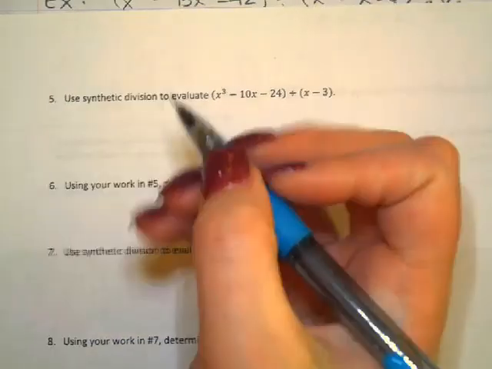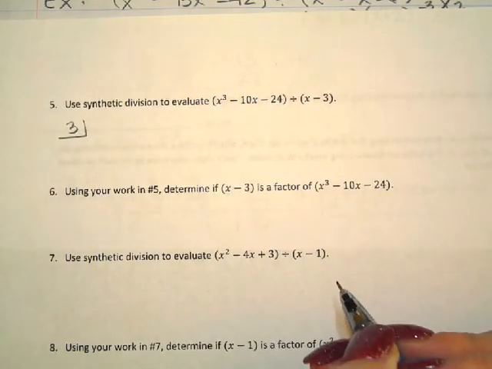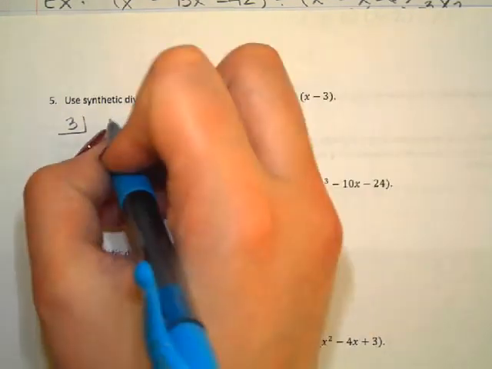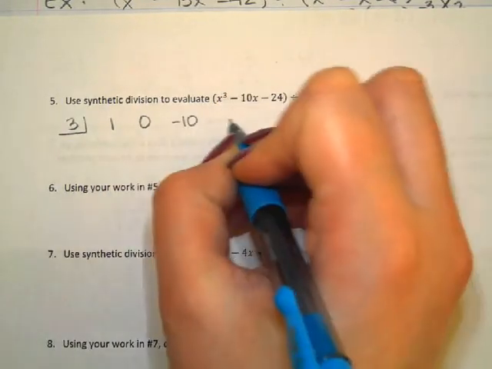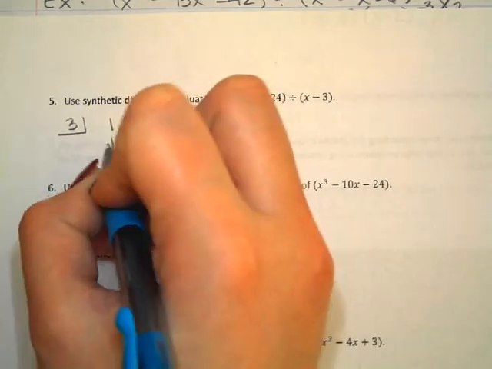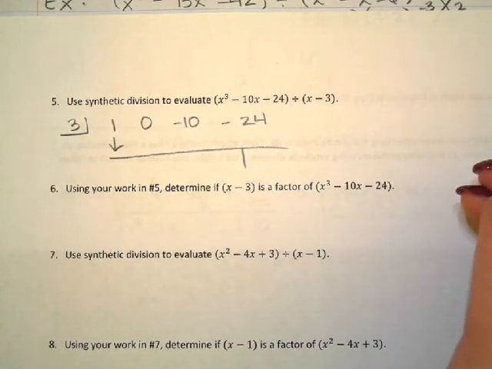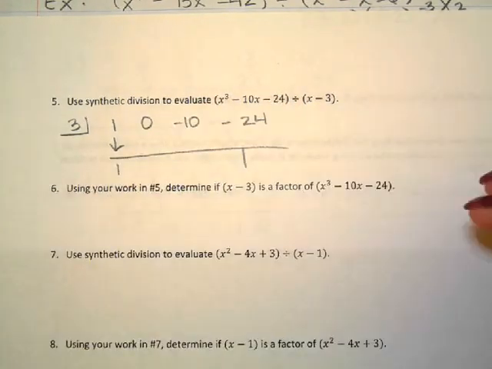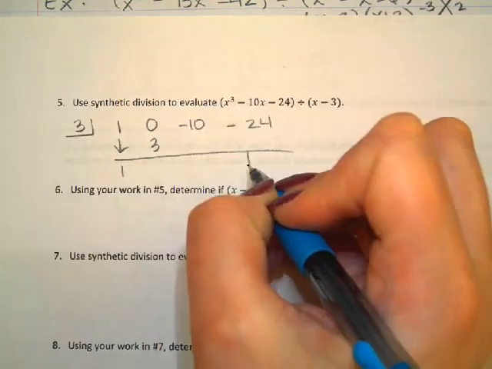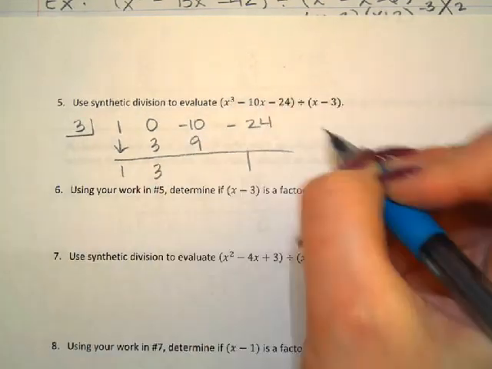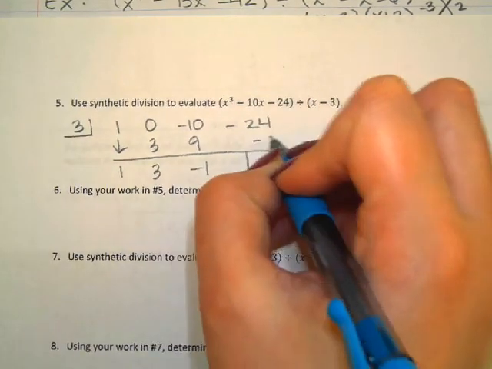So if we do this first one, we've got 3, and then what should we write? 0, So we've got 1, 3, -1, -3.